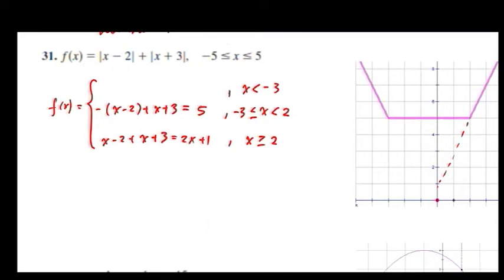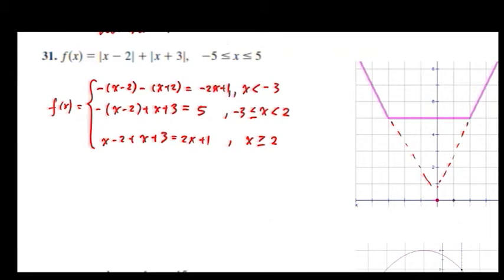And then when x is less than negative 3, then both of them are negative. So we have to put a negative sign in front of both of them. So that becomes negative 2x and still plus 1, right? And that's got to be this piece.